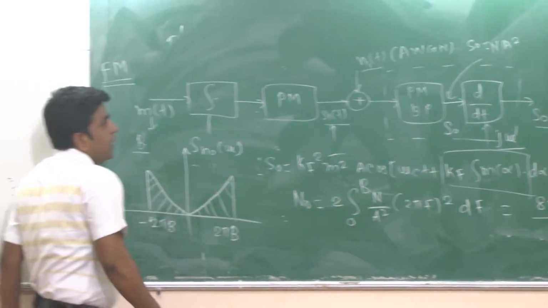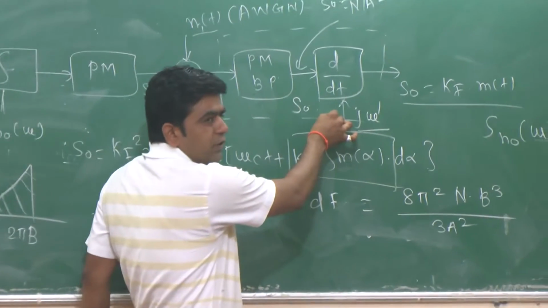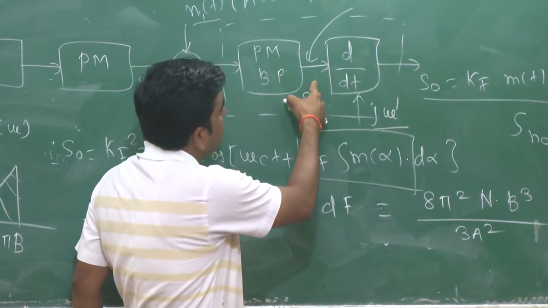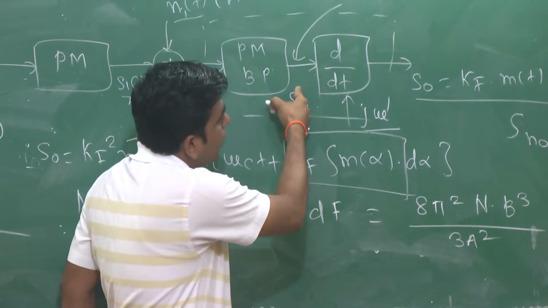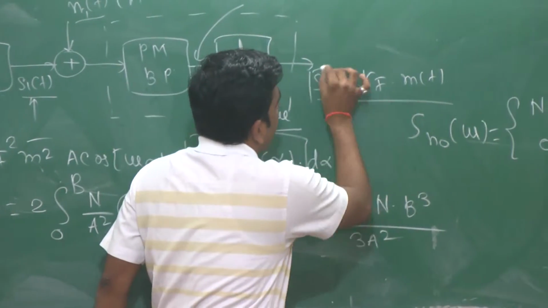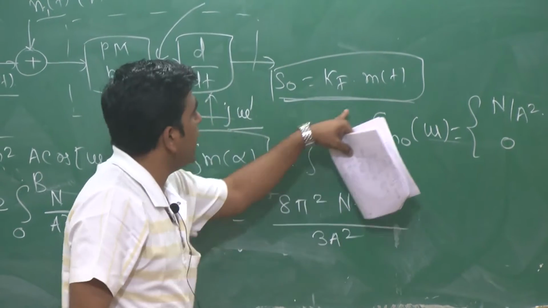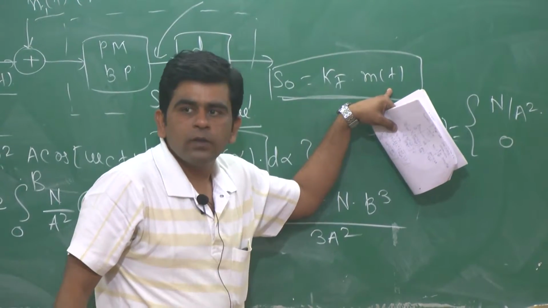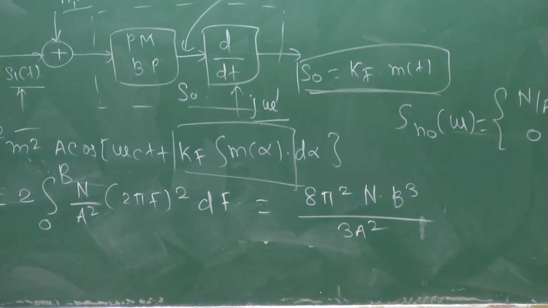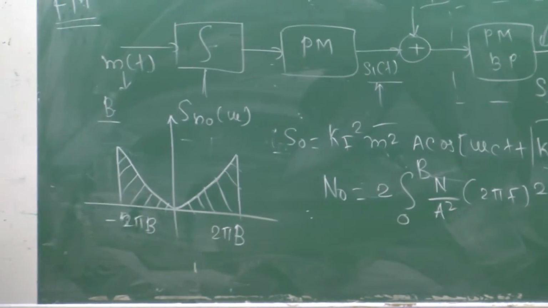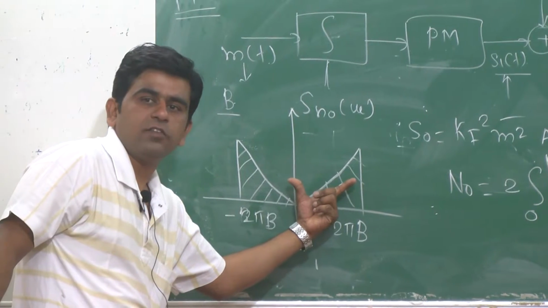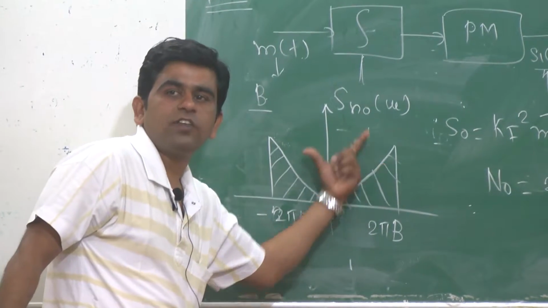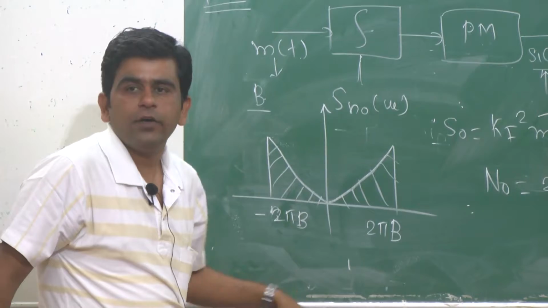Here input to the differentiator is nothing but input from your phase demodulator band pass filter. Here at output we will get S naught equal to Kf into m of t, and noise, which gives this power spectral density for the noise which is filtered out from this derivative function.